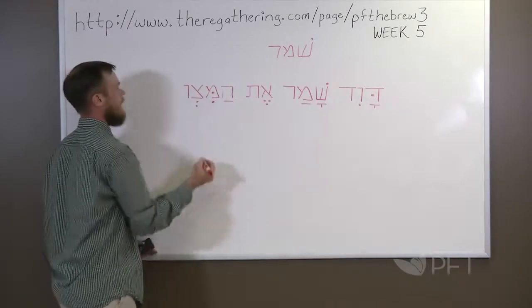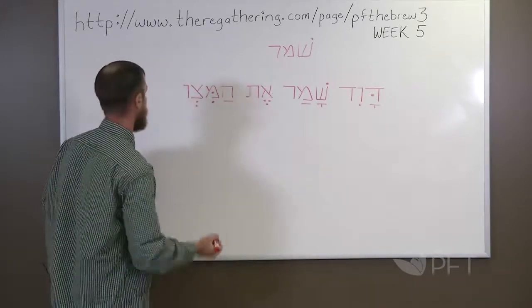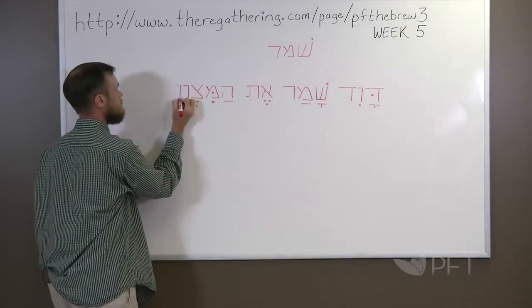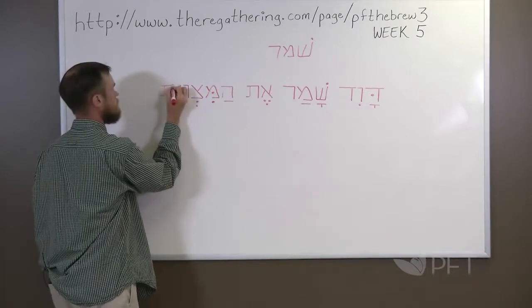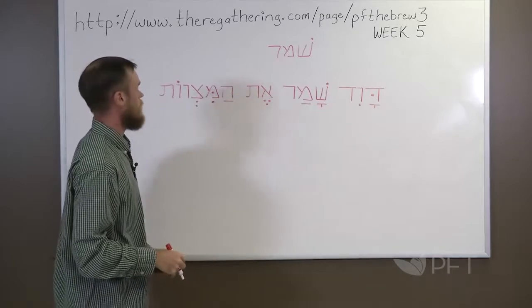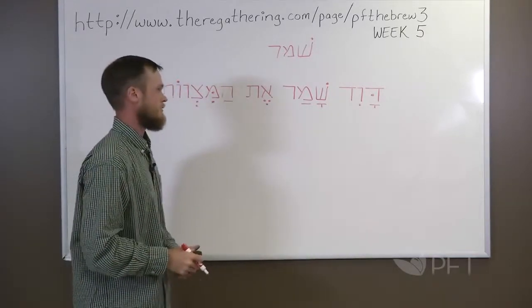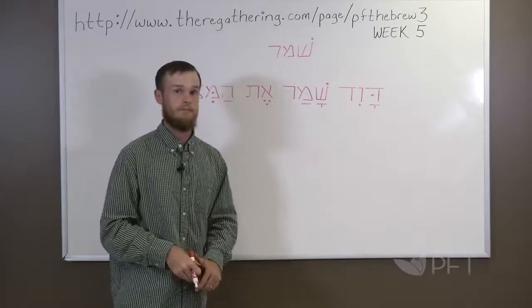And for nouns ending in hey, the hey drops off before we add the plural suffix. So David shamar et ha-mitzvot. David kept the commandments.